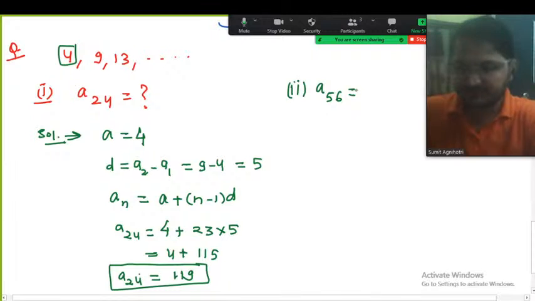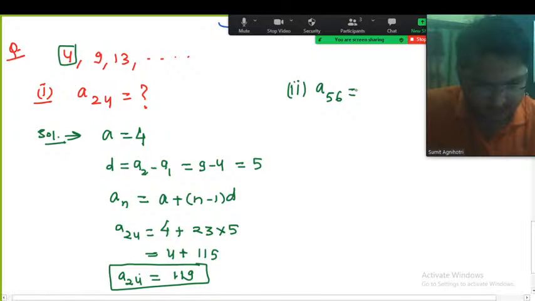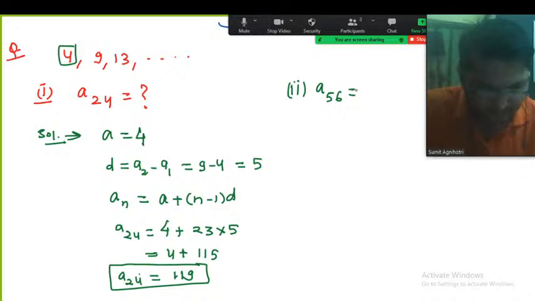Solve and tell me the answer. The 56th term of the same AP.